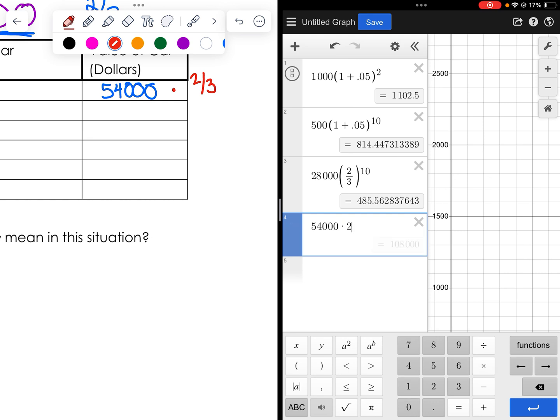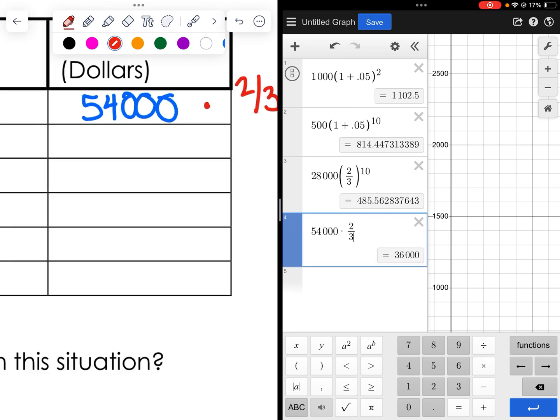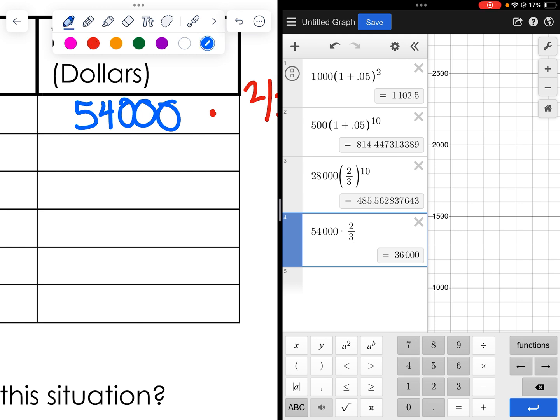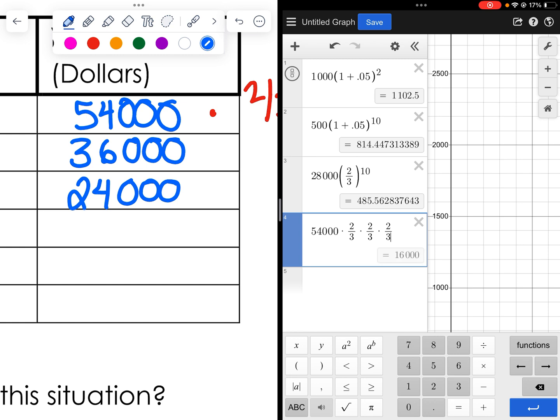54,000 times 2/3. We get 36,000. Then we'll multiply by 2/3 again. 24,000. Multiply by 2/3 again. 16,000. 2/3 again.